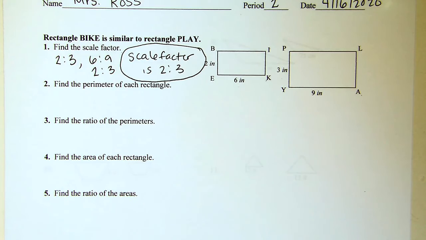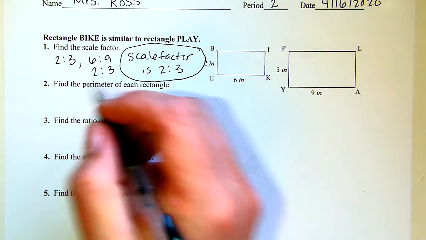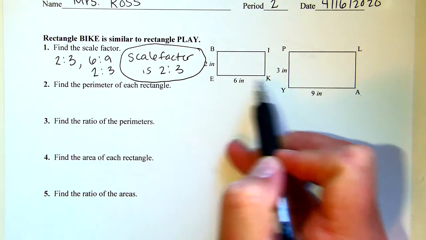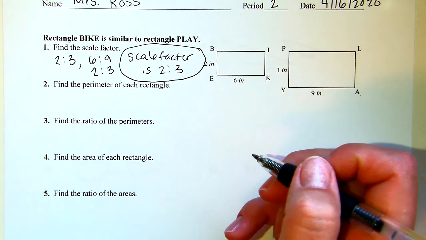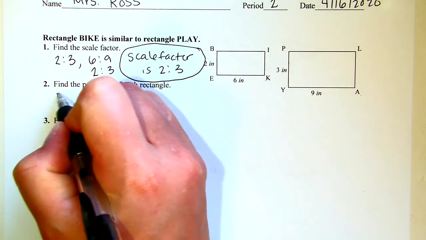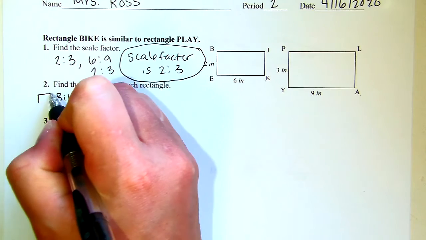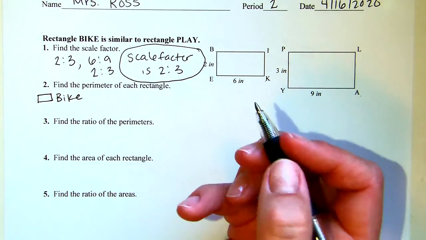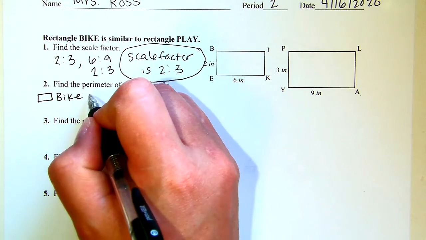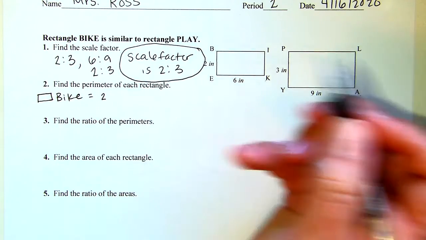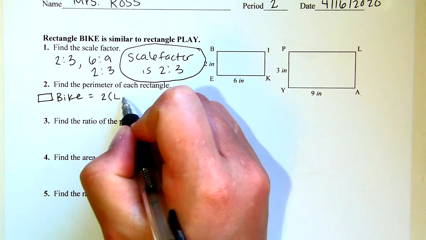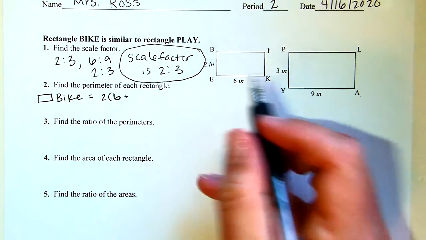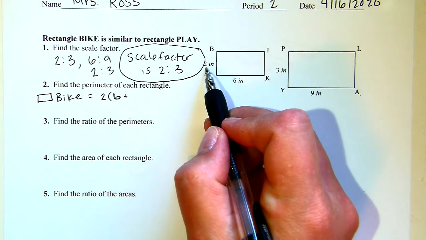All right. Next, our task is to find the perimeter of each rectangle. So for rectangle B-I-K-E, or rectangle bike, we need to find the perimeter. Now, perimeter is the distance around our figure. So rectangle bike is going to be, for our perimeter, 2 times the length, our length is 6, plus 2 times the width, in this case 2.